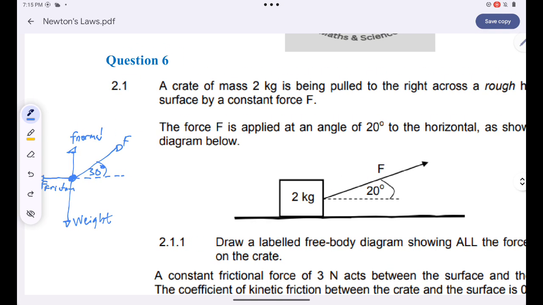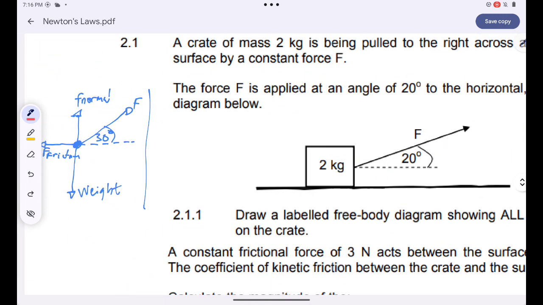One person would prefer to draw their free body diagram like this, but I'll prefer using components of this force which is applied at an angle. So my free body diagram will be like this.